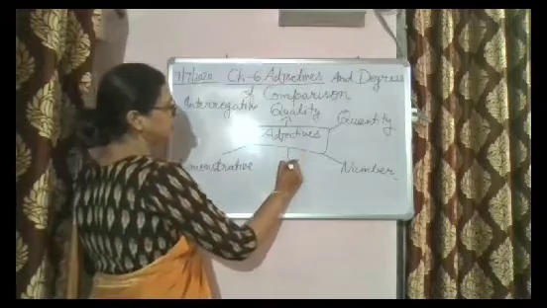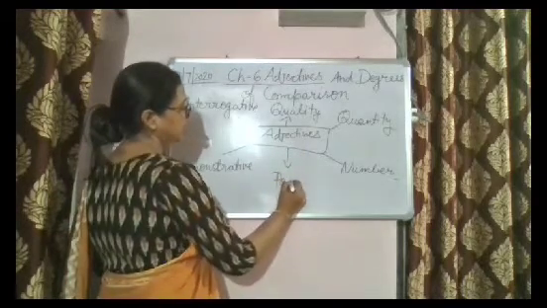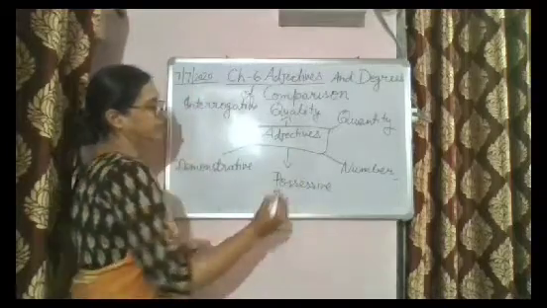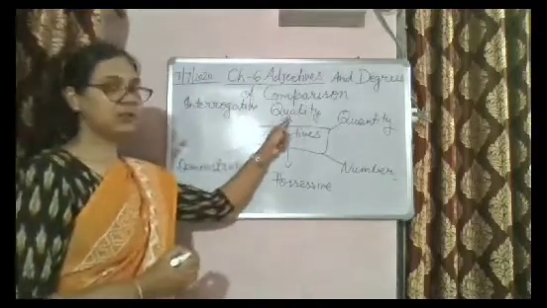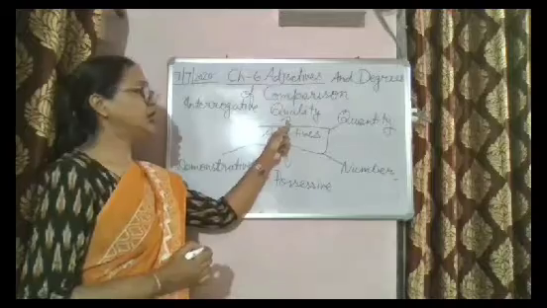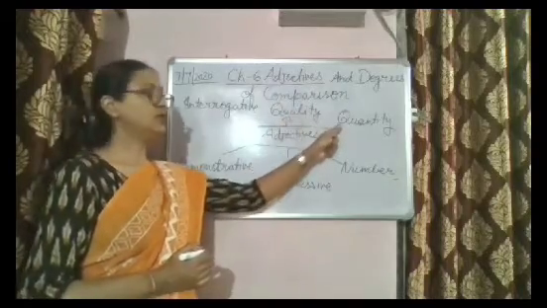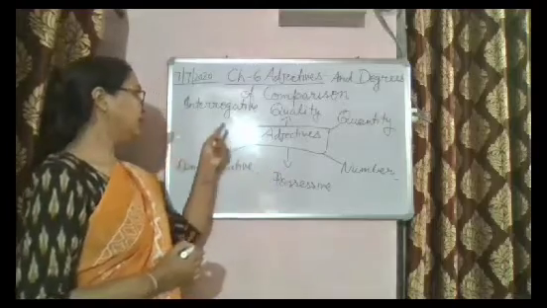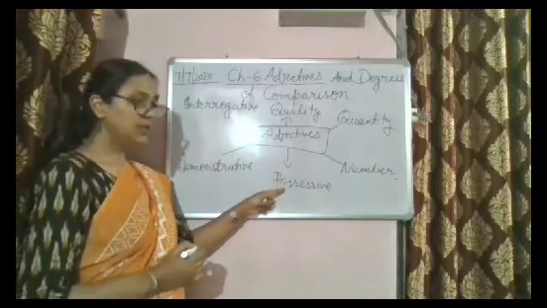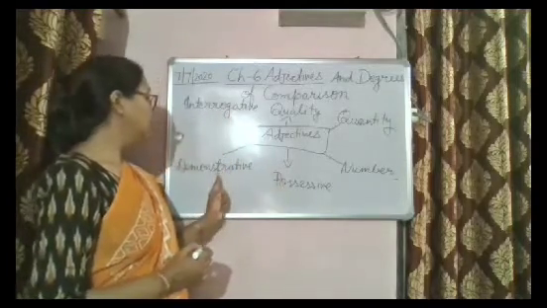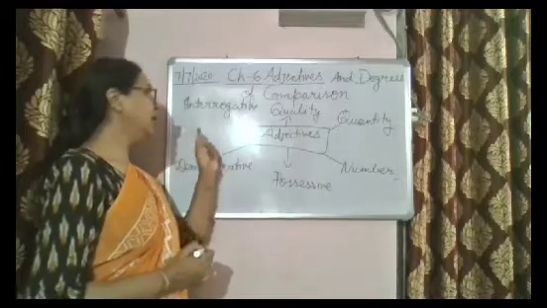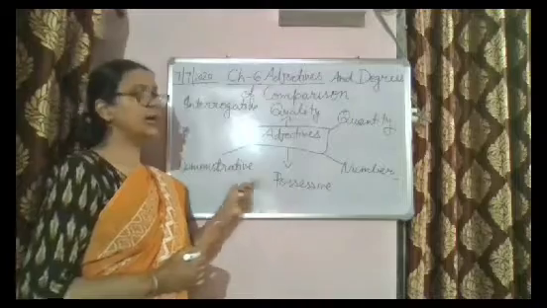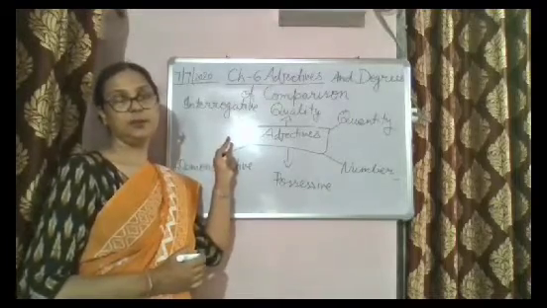And sixth is possessive. So: adjectives of quality, adjectives of quantity, adjectives of number, possessive adjectives, demonstrative adjectives, and interrogative adjectives. There are 6 kinds of adjectives.